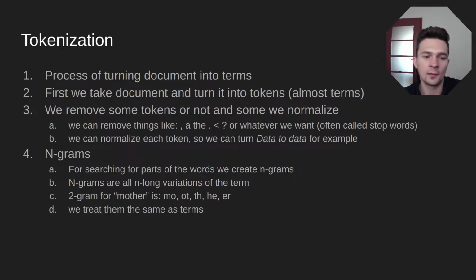Okay, and one more concept that we have here is n-grams, and basically we need them to search for part of the word. So if we have the word mother in our document, we will have this in our inverted index, but let's say that we want to search for MO, so only a prefix, or TH, so something in the middle of this word.